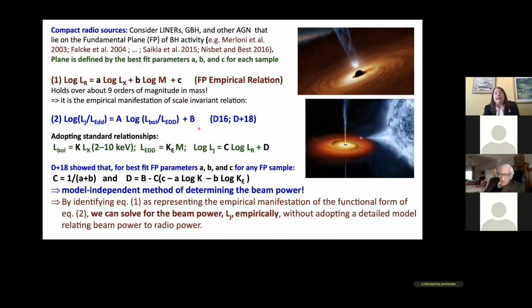So basically, rather than picking a detailed model to go from the radio luminosity of the compact radio source to the beam power, a model that depends on the Lorentz factor of the outflow and multiple other factors, we use this mapping, okay, to determine the beam power. And that way it's determined completely empirically, and it does not depend on a detailed model for the outflow.